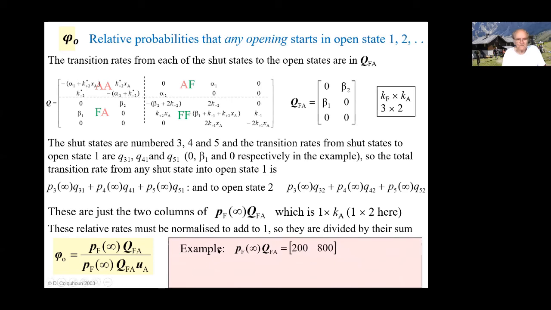Suppose that PF infinity QFA, the numerator here, is 200, 800. These add up to 1,000. That's the denominator there: 200, 800 times 1, 1. That's 1,000. So phi naught is 0.2, 0.8. There's a 20% probability that each opening starts in open state 1, and an 80% probability that any opening begins in open state 2.